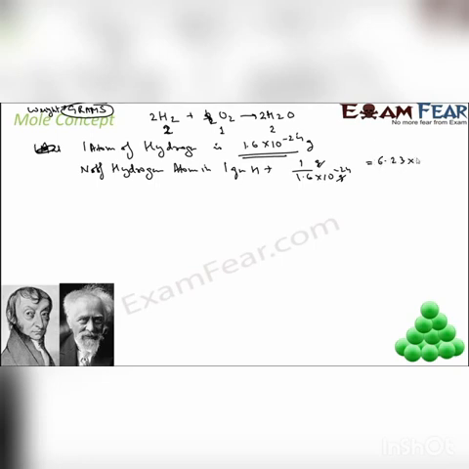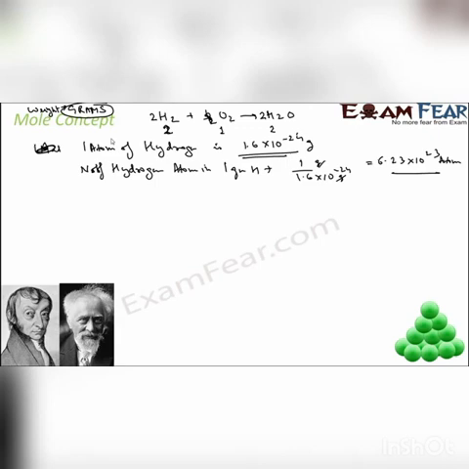Solve this, you get 6.2 into 10 to the power 23 atoms. So 1 gram of hydrogen will have these many atoms. A lot of tons and tons of this atom, 6.023 into 10 to the power 23 atoms, piled up will form only 1 gram of hydrogen. Okay, simple maths.